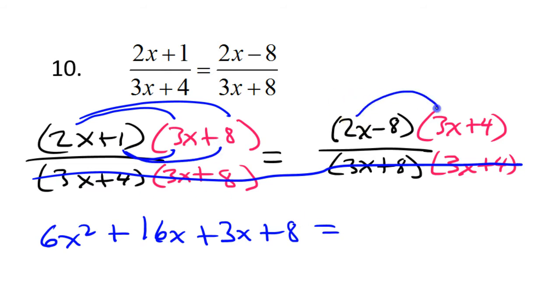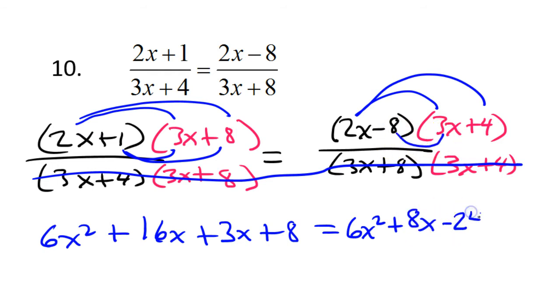Similarly on this side of the problem, 2x times 3x is 6x squared. 2x times 4 is 8x. Negative 8 times 3x is negative 24x. And negative 8 times 4 is negative 32.